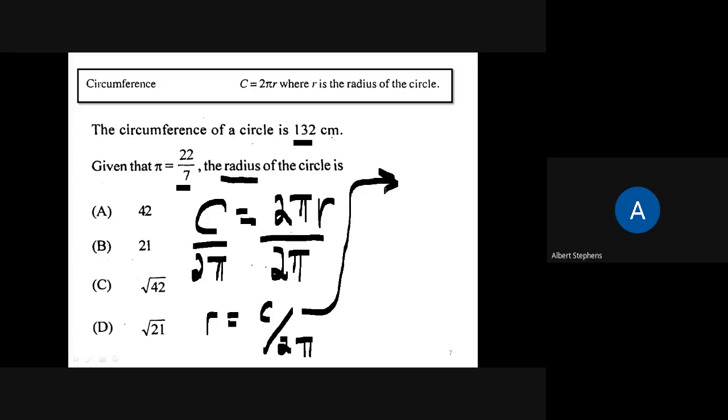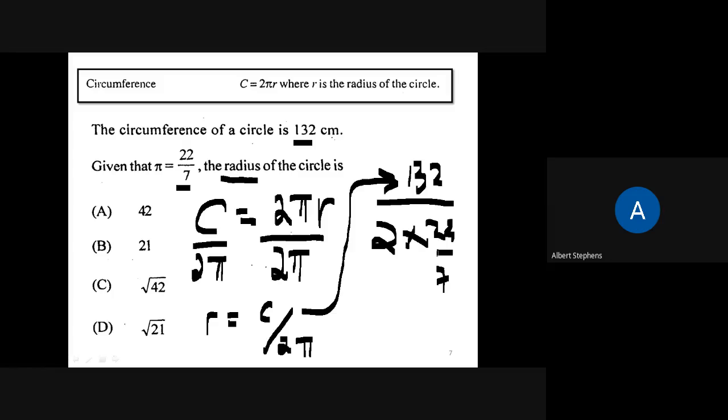All right, so what is C? It's 132 all over 2 multiplied by pi, which is 22 over 7. We want to give this a try and work this out. 132 over 2 times 22 over 7.